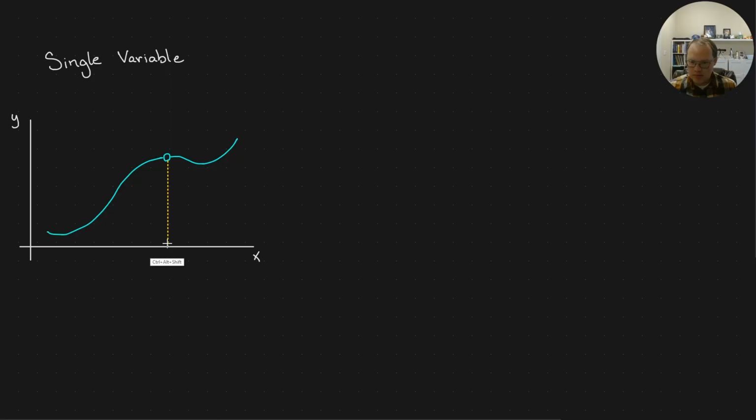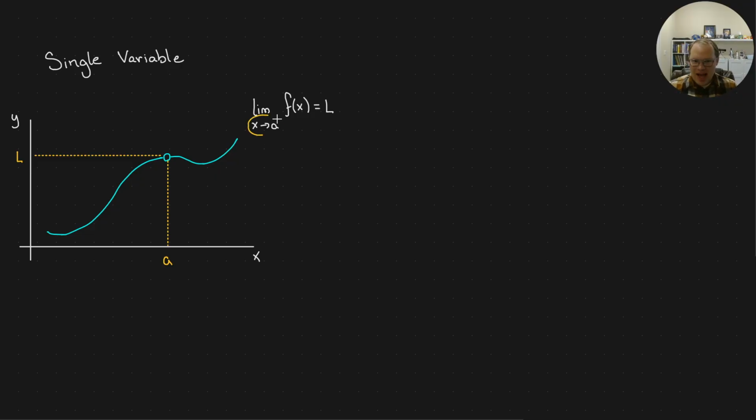Okay, something, for example, like this. Let me add axes. So if I have A here, if this guy is L here, then we would say that the limit as x approaches A of my function f of x equals L. What does that mean?